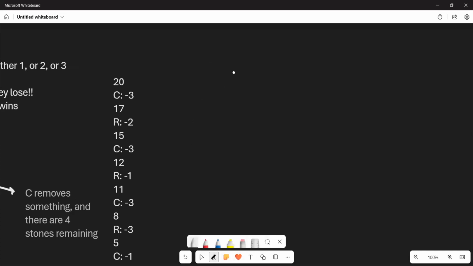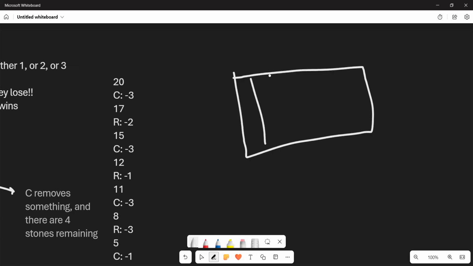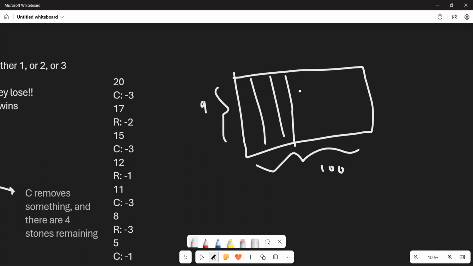So this is again, I'm going to introduce a grid. We have a rectangular grid. Let's say it has 9 and let's say this was 100. This is a very beautiful grid.